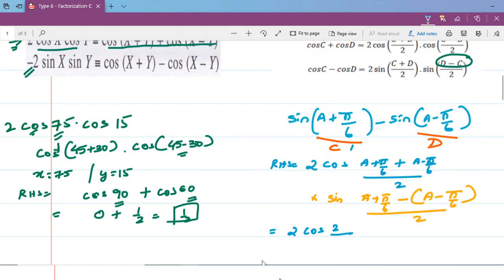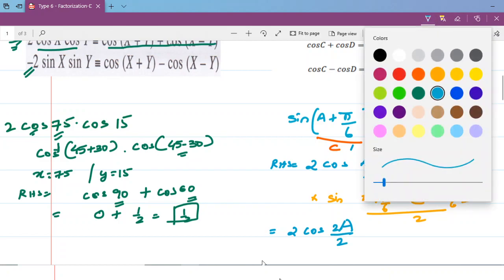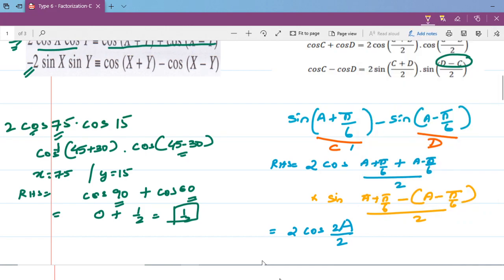Okay, so 2A upon 2, and this pi by 6 minus pi by 6 gets cancelled, right? It can get cancelled. So this blue equation is 2 cos 2A by 2 into, now let's worry about the function in the yellow color. So this becomes sine.